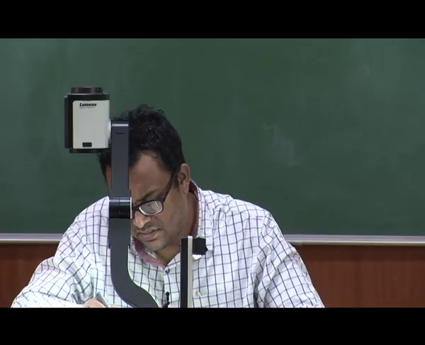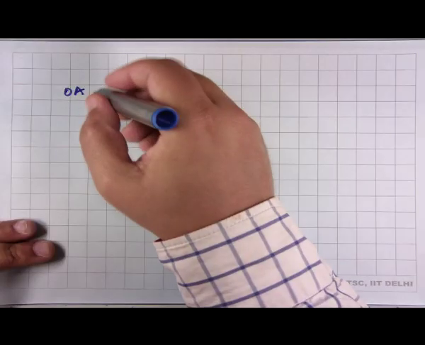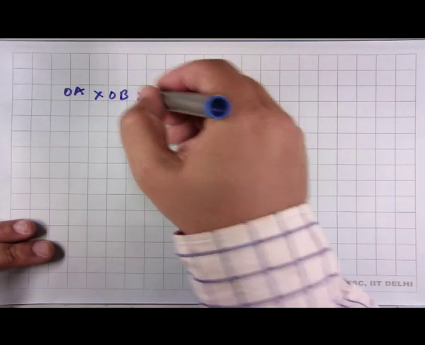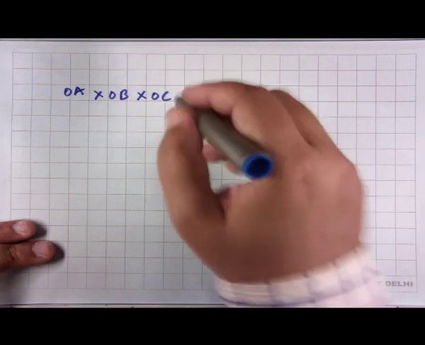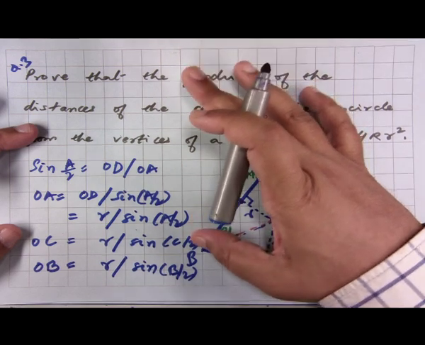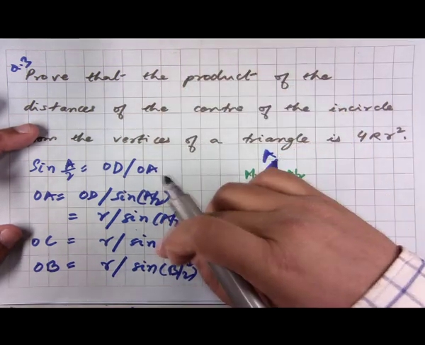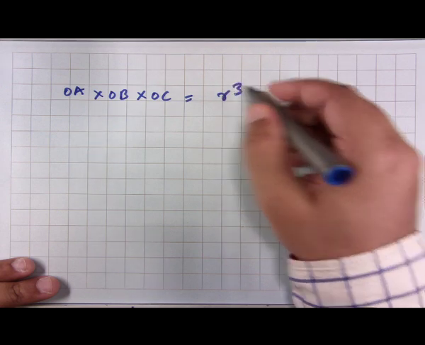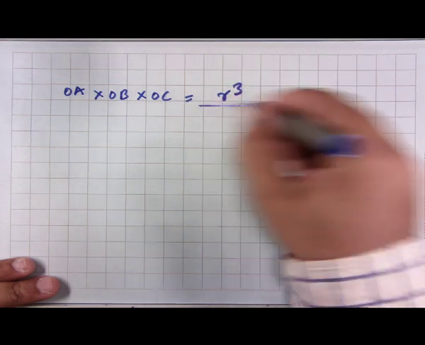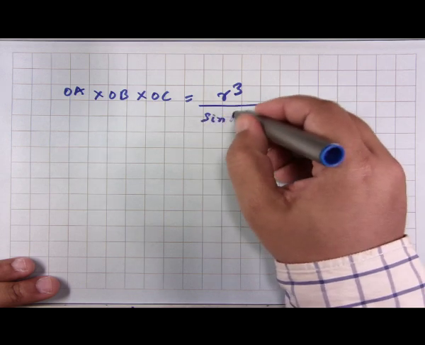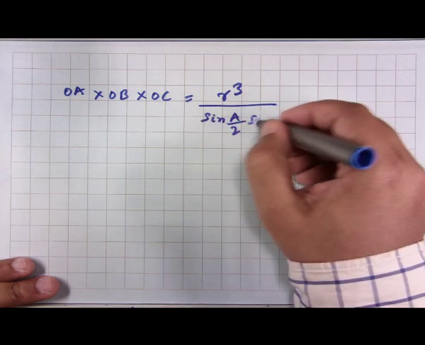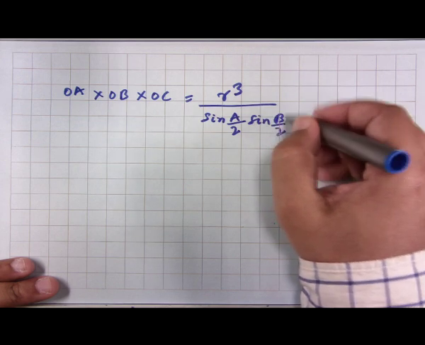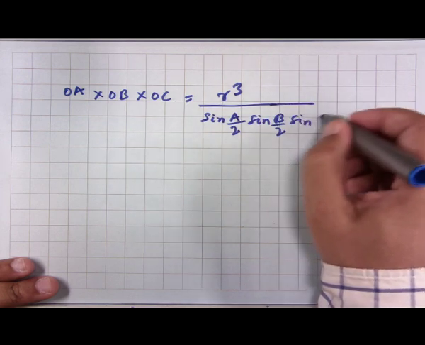So, the product is OA times OB times OC, and for that we use these three expressions. We may basically multiply these, and we end up getting r cube divided by sine of A by 2 into sine B by 2 into sine C by 2.